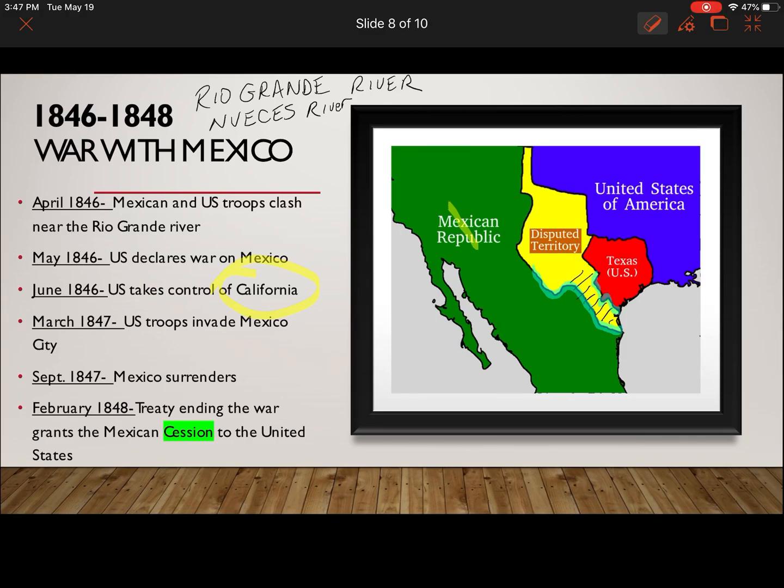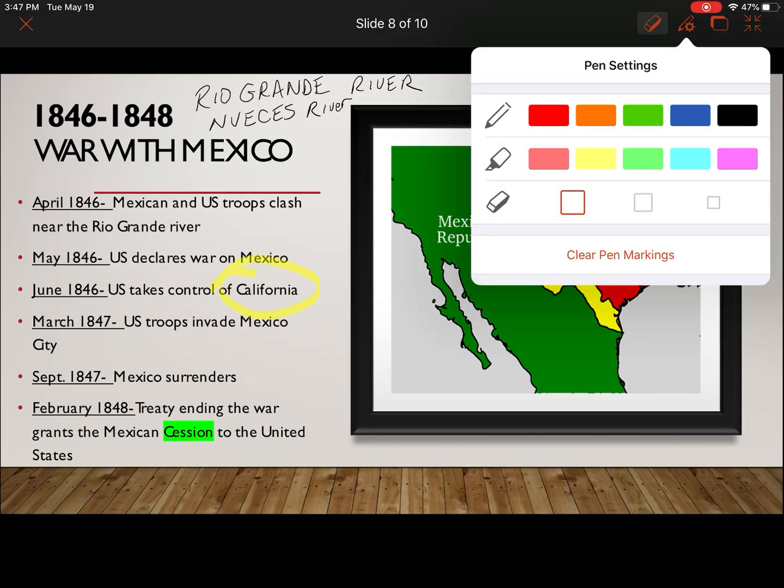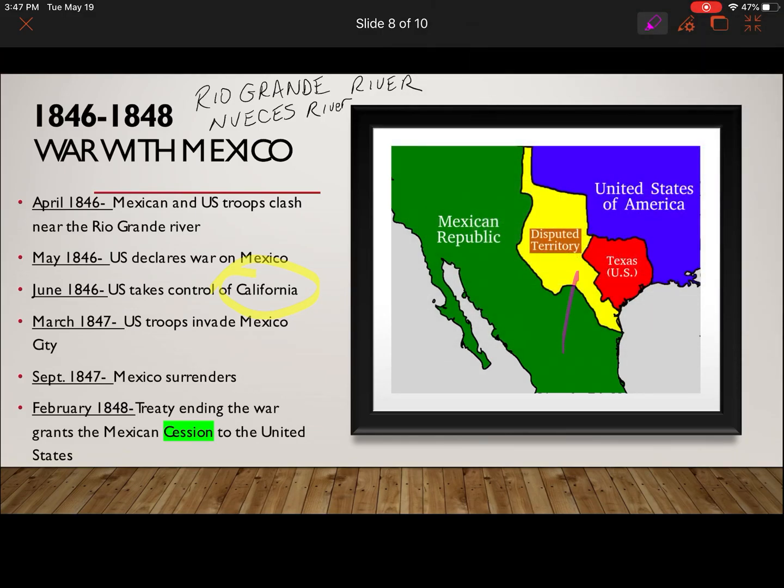And so around that time, around 1846, the settlers living in California begin fighting with the Mexican government. So we send troops there. In March of 1847, we invaded Mexico City. All right. And by September 1847, the war was over. Mexico surrenders.